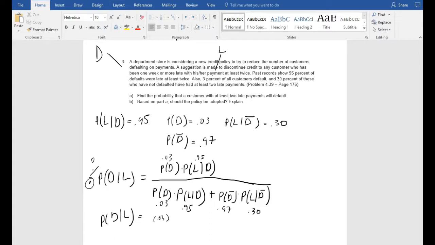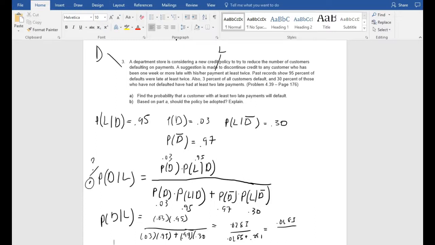So 0.03 times 0.95 all over 0.03 times 0.95 plus 0.97 times 0.3 is equal to 0.0285 all over 0.0285 plus 0.291.